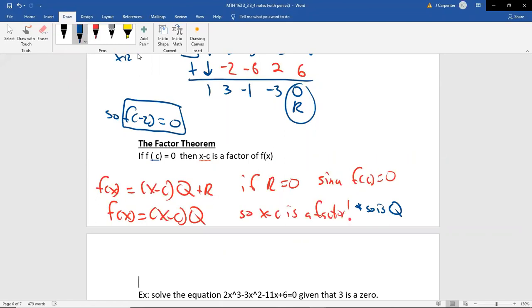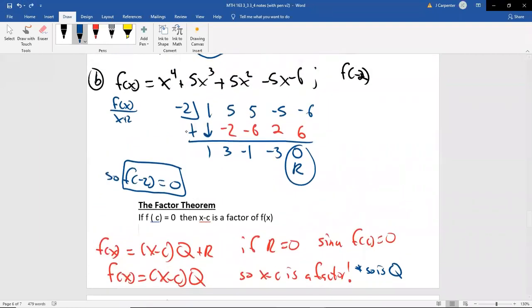So what that means is, for example, what was that, 3b, which was x to the 4th plus 5x cubed plus 5x squared minus 5x minus 6. Because it had a 0 remainder, it was factorable, and the factored version is x minus the number we used times whatever the quotient was when we used it.